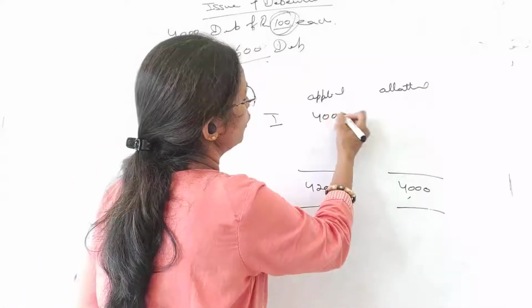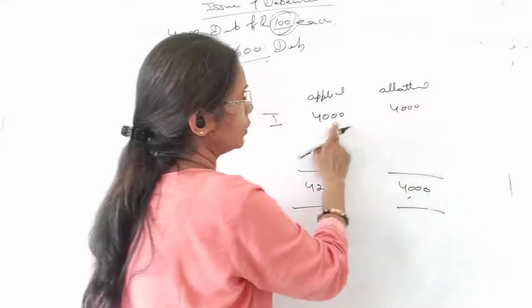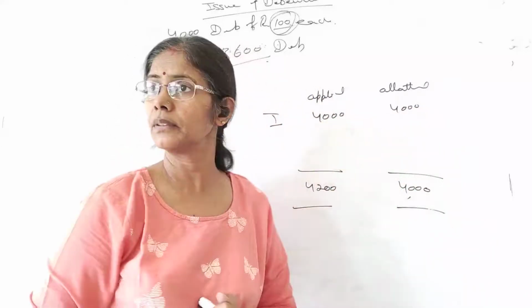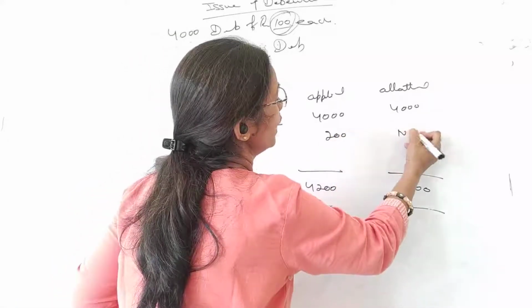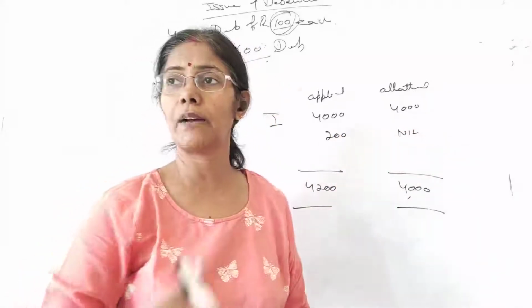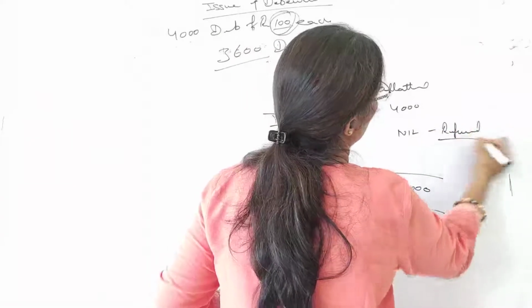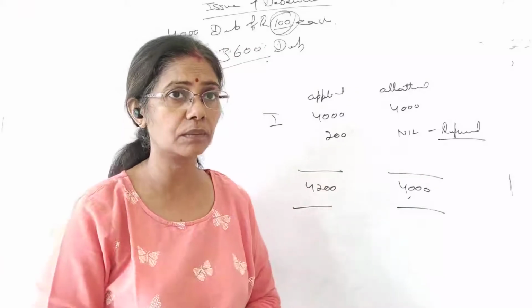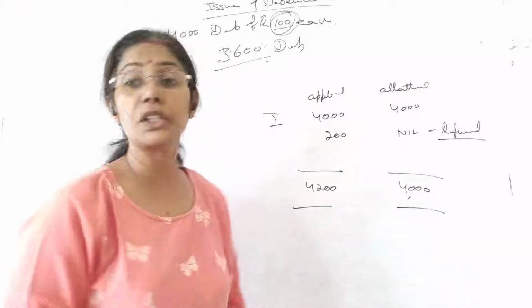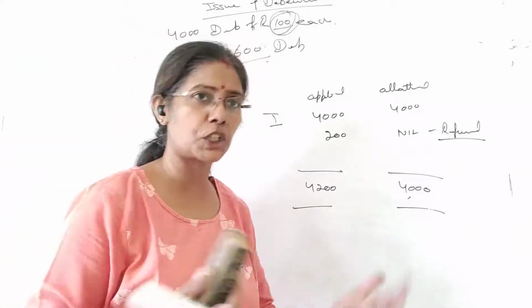You have allotted 4,000 debentures to the applicants of 4,000. And 200 applications you have rejected and you have to refund their money. This is the first condition. Second condition is pro rata allotment. What is pro rata allotment? Partial allotment.